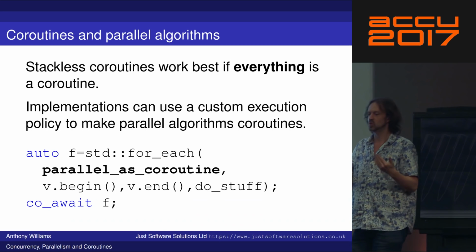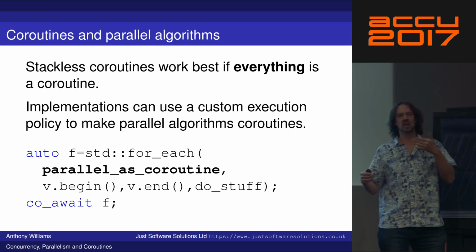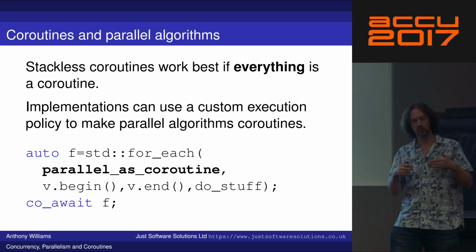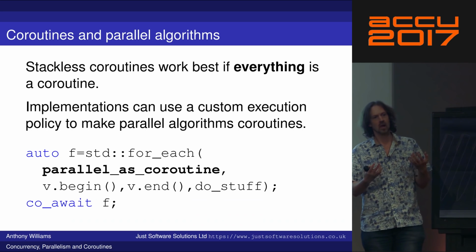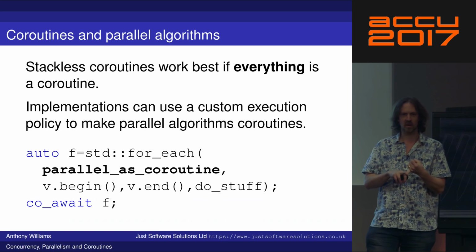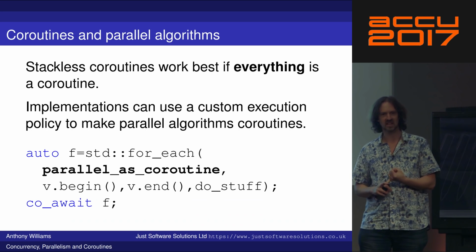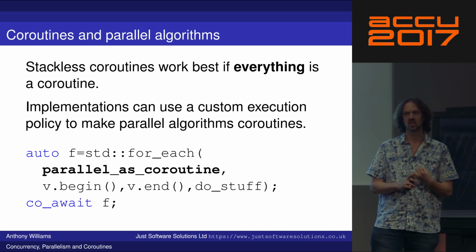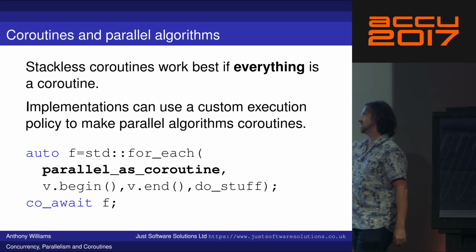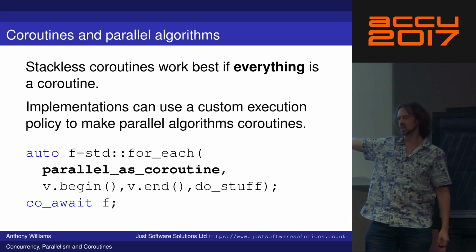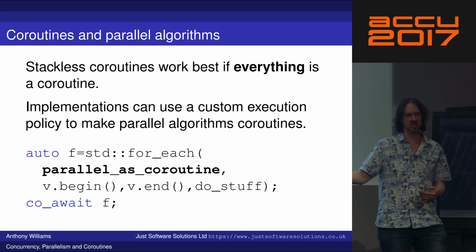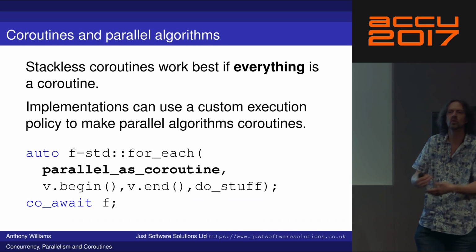So this works well if your implementation provides both the parallel extensions from C++17 and the Coroutines TS. Then it makes sense if it can also provide a parallel-as-coroutine type execution policy that you can use within your code.